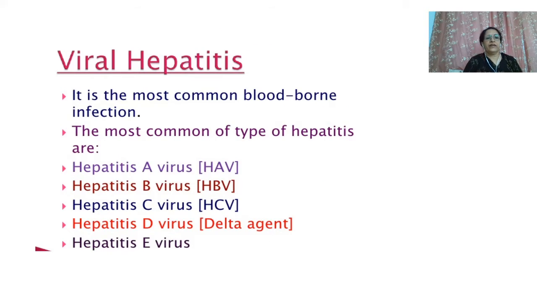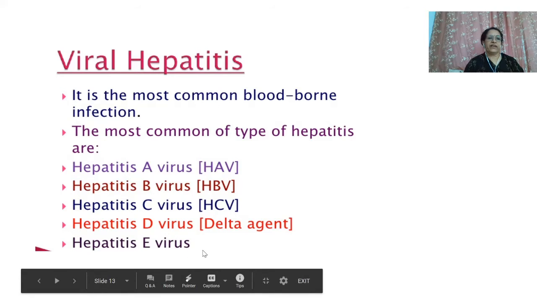A major category of hepatitis is because of HIV, HBV, HCV, and HDV. This is the most common blood-borne infection. The most common types of hepatitis are hepatitis A virus, B virus, as well as nowadays E virus.